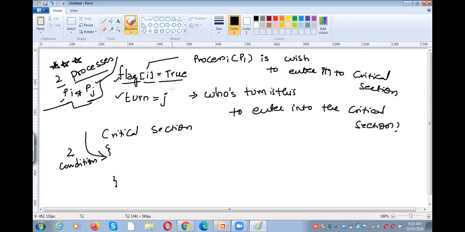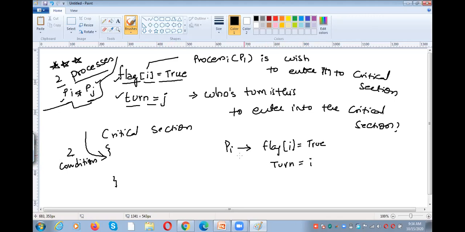The flag of that particular process needs to be set to true, and turn needs to be set to that particular process. For example, if process i is willing to enter into the critical section, it has to check flag of i equal to true, since of course it is willing to enter, but the turn also needs to be set to i. That means it is the turn of i to enter into the critical section, and process i is also willing to enter.